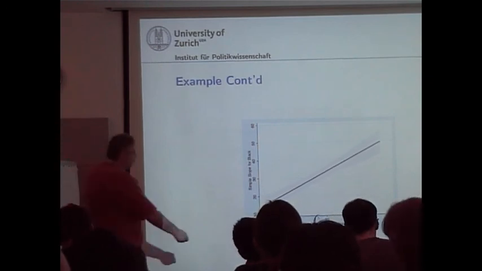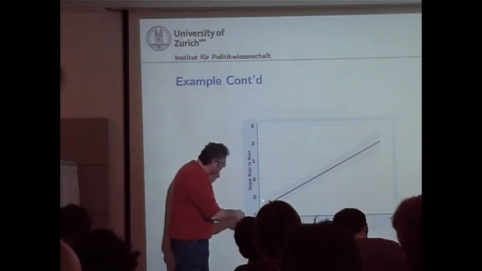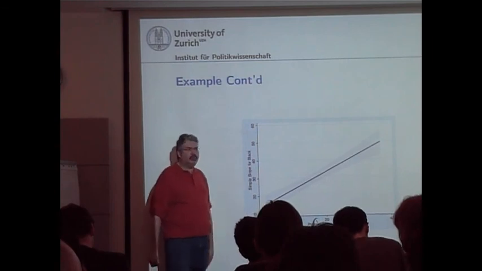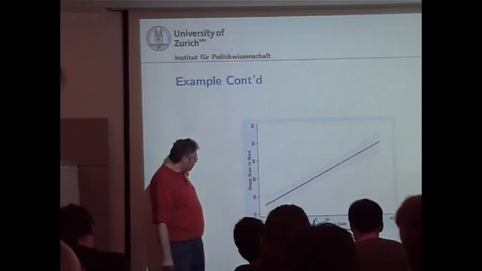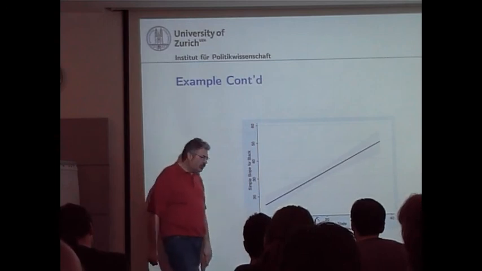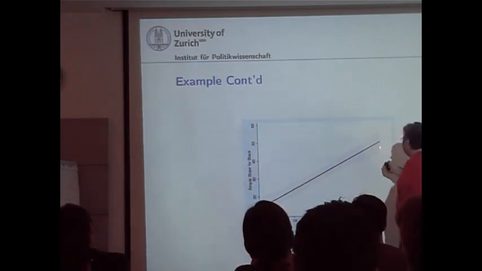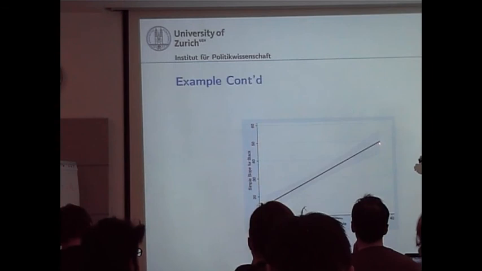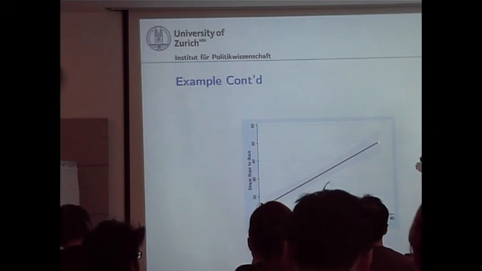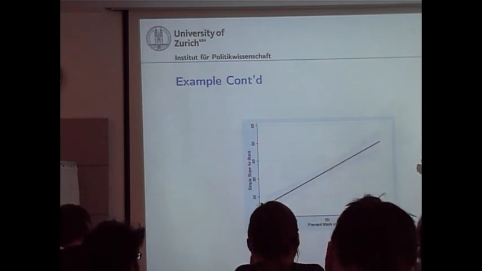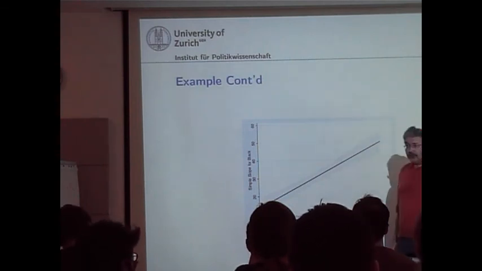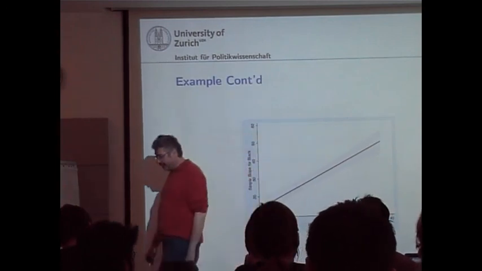Even when the percentage of blacks is really fairly minimal, there's still a gap between blacks and whites, but it's a gap of only about 15, 16 points, whereas here, this is Mississippi, 37% black, that gap is more in the vicinity of 49 points on a 100-point feeling thermometer. So this is a pretty sizable effect.